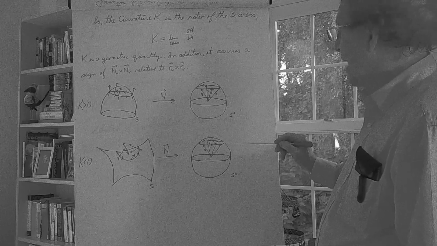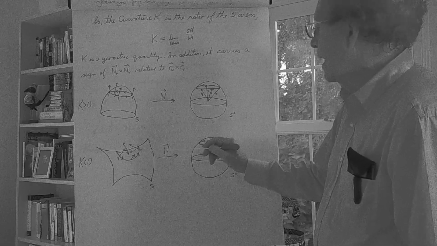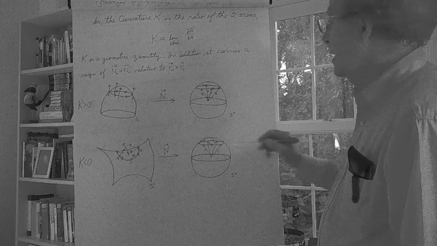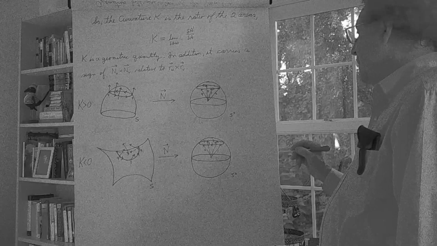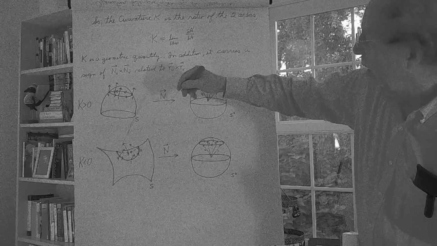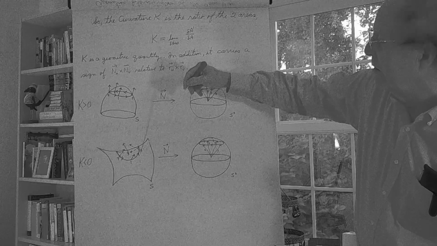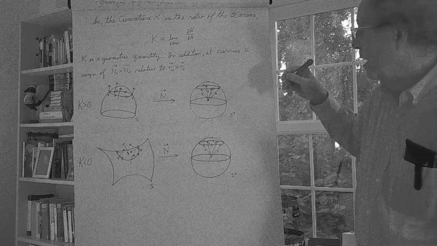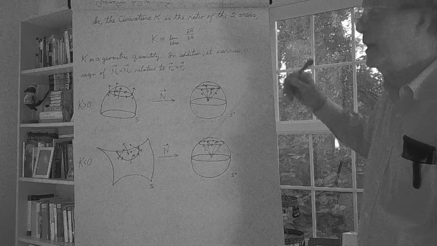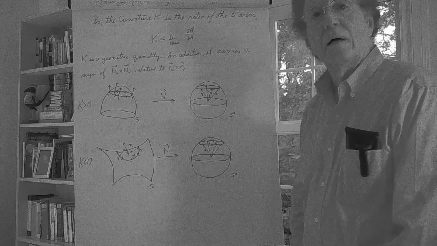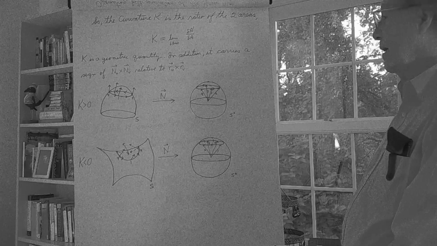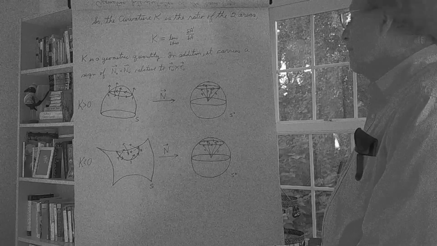Then 3 points in this direction, and 4 points back toward me. So it's clear that when I go around this curve in the positive direction, the Gaussian map maps onto a curve which goes in the opposite direction. So I have different orientations, and that's the meaning then of the Gaussian curvature being negative.